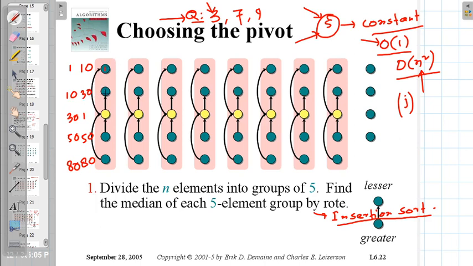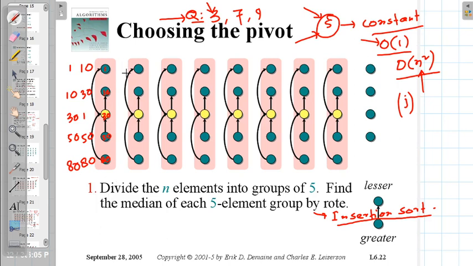After this insertion sort, this will be the case.